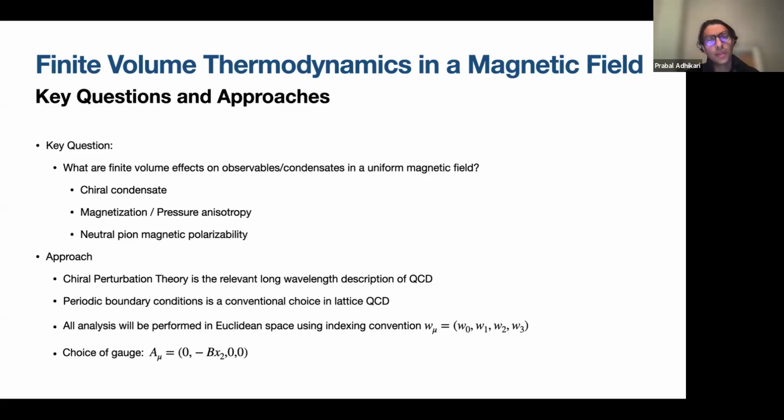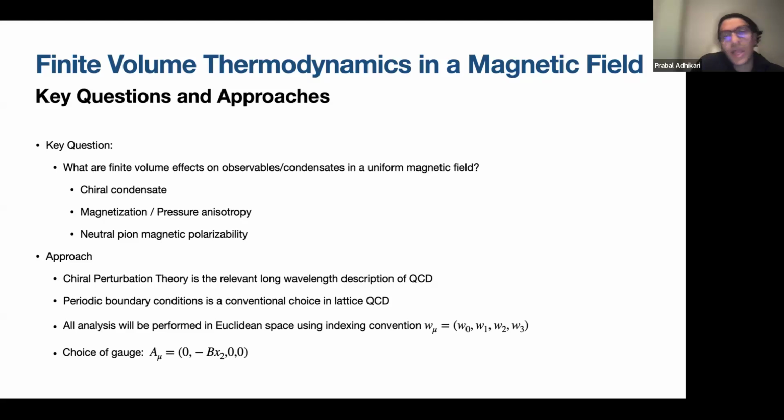And then the other quantity that I'll look at is the neutral pion magnetic polarizability. So basically, the neutral pion interacts with the magnetic field because of virtual pi plus pi minus. This means that the energy, the mass of the neutral pion is impacted, even though the pion itself doesn't interact directly with the external field. And this is a quantity that can be measured on the lattice.